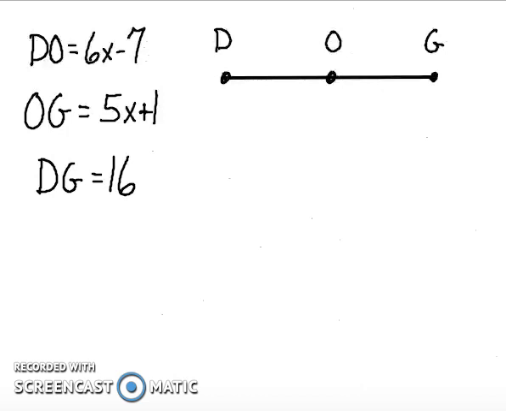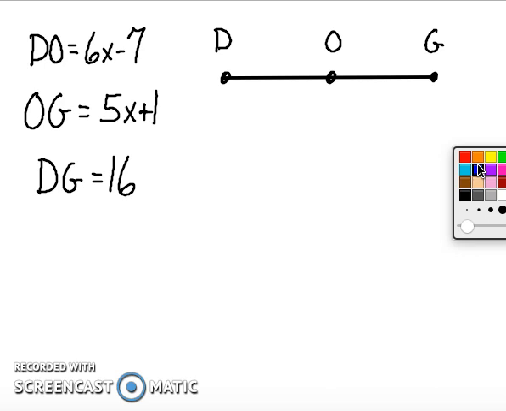Okay, so let's look at something here. We've got segment DG, and notice that O is on DG. There are two things we can look at. We have to be very careful, and we don't assume something that's not there.